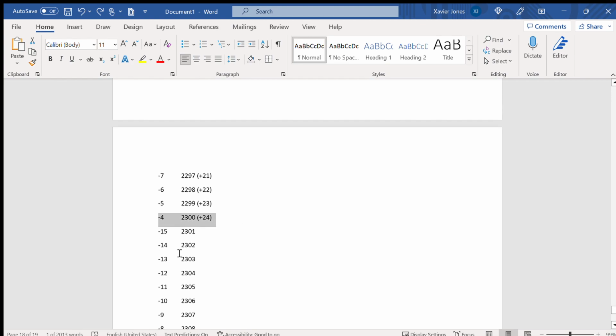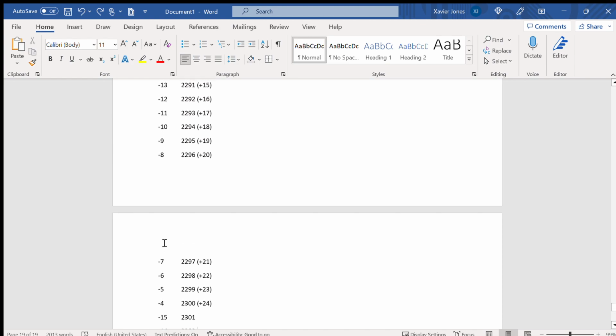This is plus 24, or minus 4, but this isn't a leap year. Did I mess this up? Because minus 4 is a leap year. The fact that it says minus 4 means that it's a leap year.